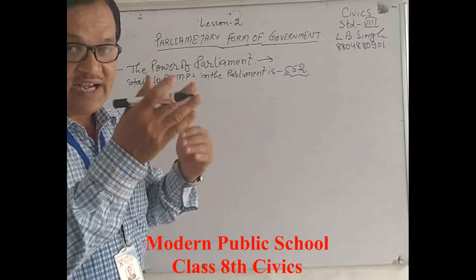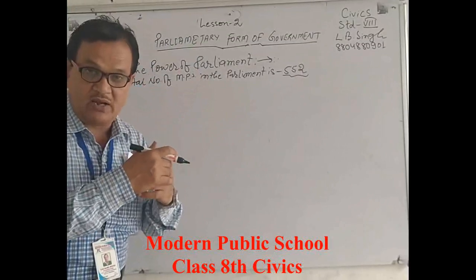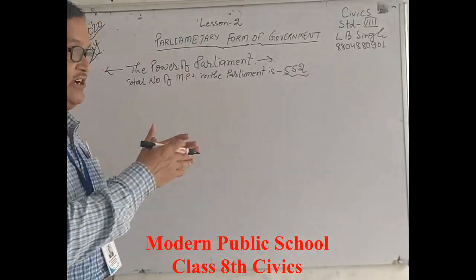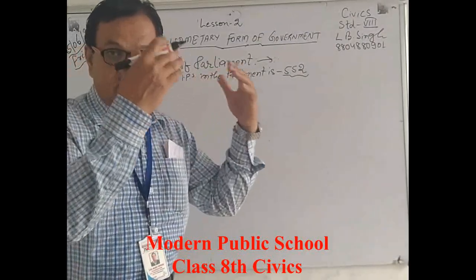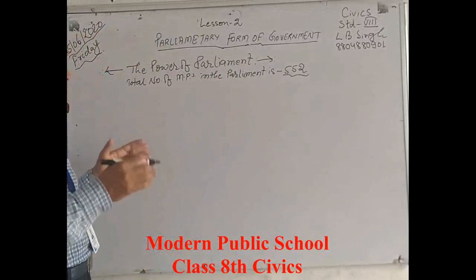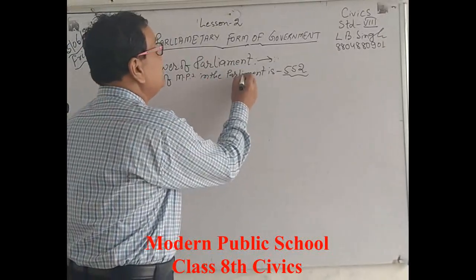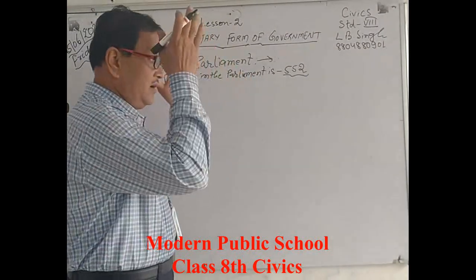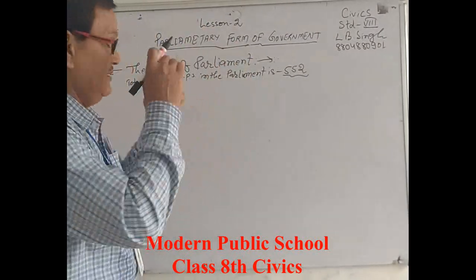Why is it amended? Because it is not suitable for the people of the country and they raise their voice against that law. In that situation, parliament is compelled to amend the bill.